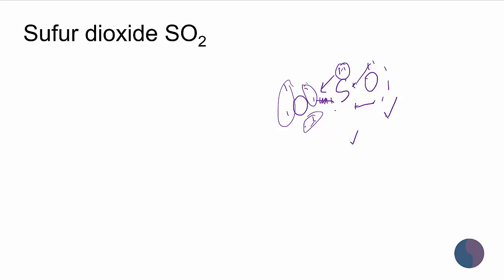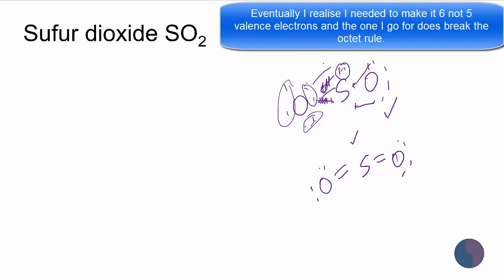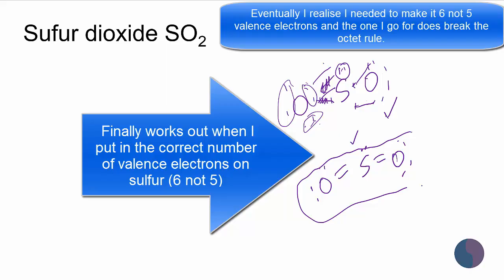So I think I'm going to have to break the octet rule here and make these 2 double bonds. 2, 4, 6, 8, 2, 4, 6, 8. No, that actually works now. Just check how many valence electrons. It has 6. 2, 4, 6. There we go. Okay, so that is correct.